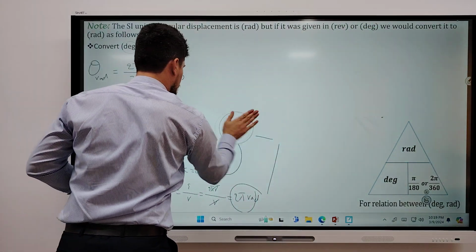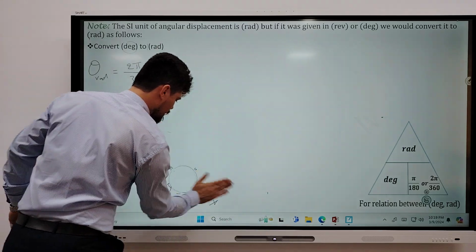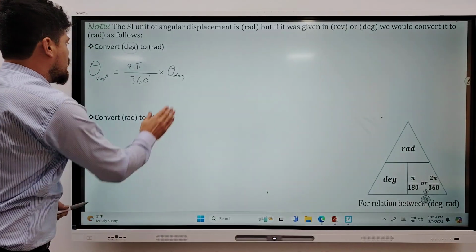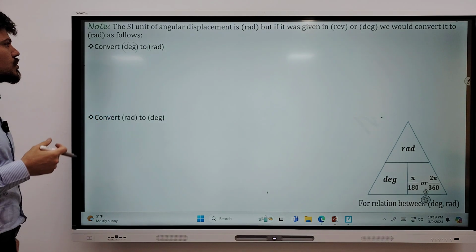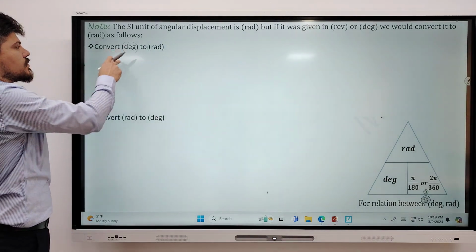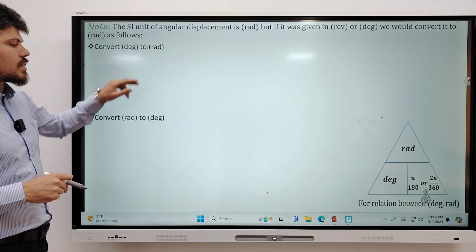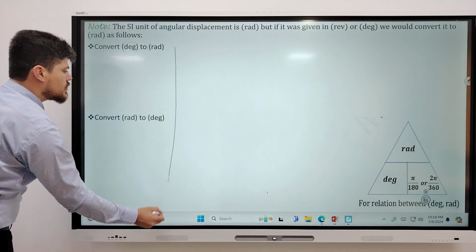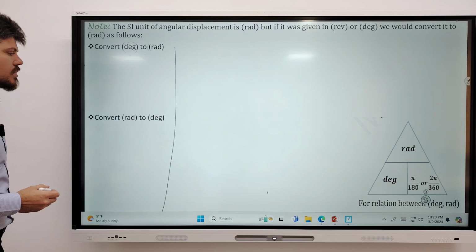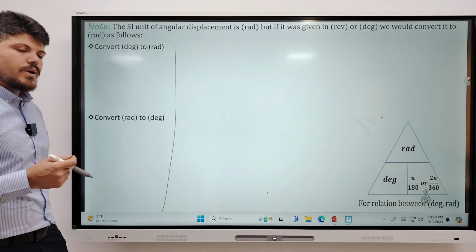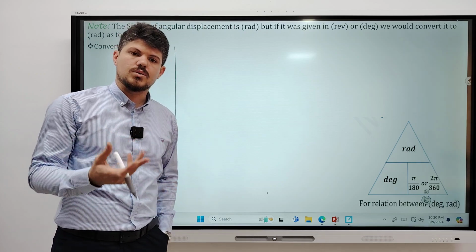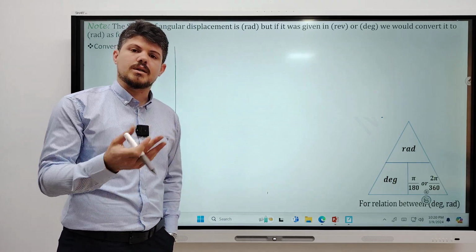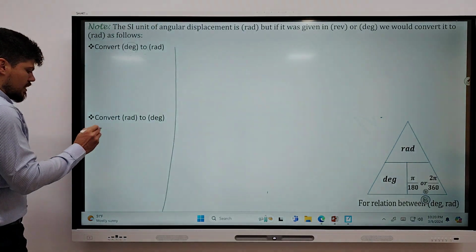Another conversion. Convert rad to degree. In the first example, we converted degree to rad, but in this case, we have to convert what? Rad to degree. In the case when the question asks us to find the angular displacement in degree, you need to convert the angular displacement in rad to degree. How? Like this.